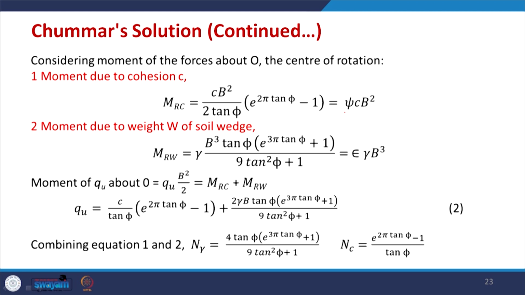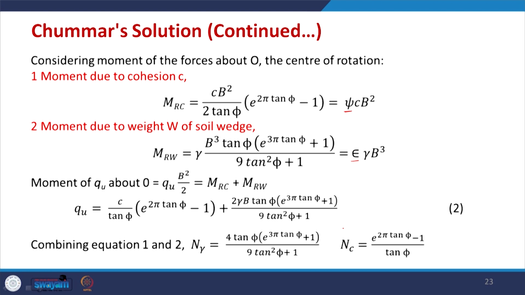This notation is shown in the next slide, and similarly you have M_RW, where xi is also a function of phi only. So, one can calculate these.